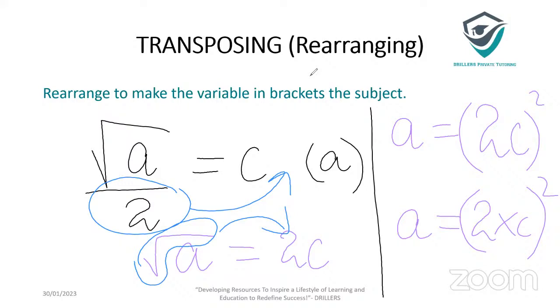So that brings us to the end of the question, because remember they told us that they wanted us to make A the subject. So because A is now the subject, we don't have to go any further.